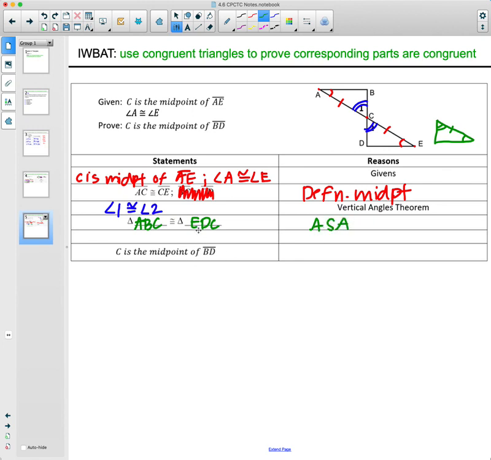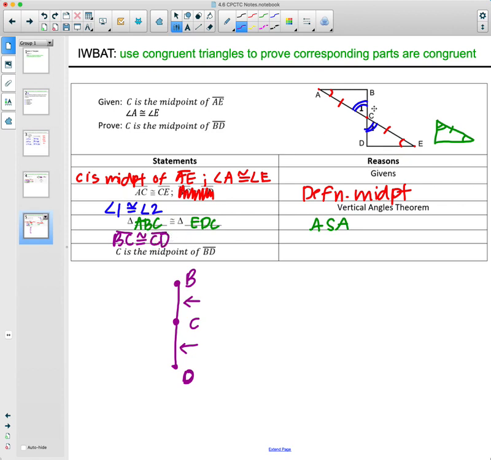Now we need to think about what we want to prove: that C is actually the midpoint of BD. If C is the midpoint of BD, we would need to see this piece congruent to this piece. So we need to know that BC is congruent to CD.